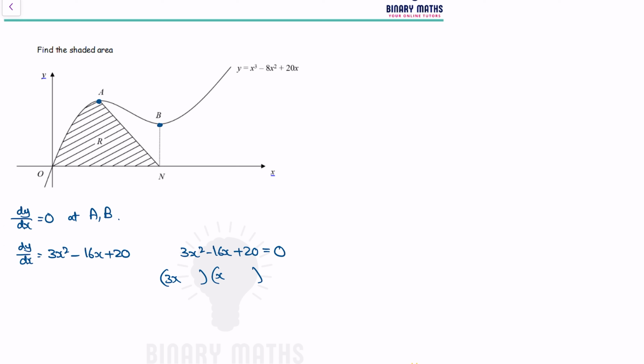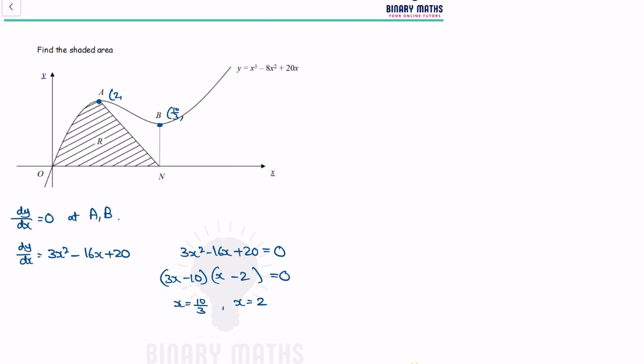I must have a minus 10 here and a minus 2 there, which means x is equal to either 10 over 3 or x is equal to 2. So 2 is smaller, so that means A is 2 and B is 10 over 3.